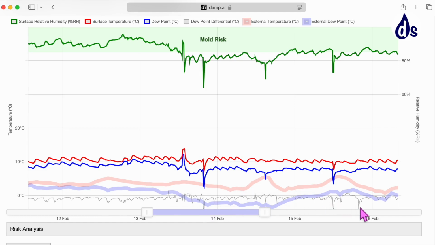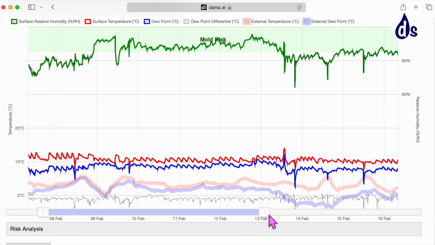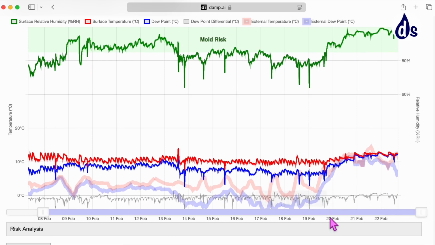So these spikes here, 8 p.m. And also when you've got coffee on the go, that sort of thing, those things will cause spikes. If we zoom out, I think it was raining around this period of time, and you can see the vapor levels going up, but that's also because the temperature's going up and the outside vapor is going up.